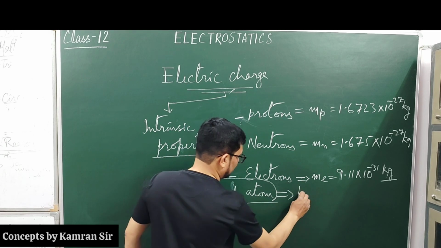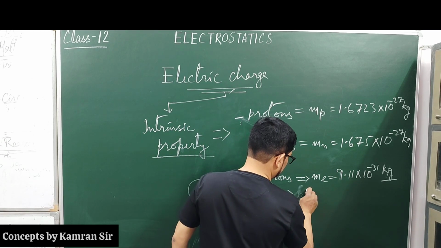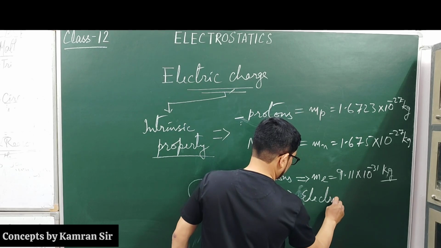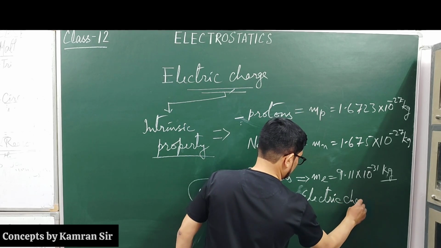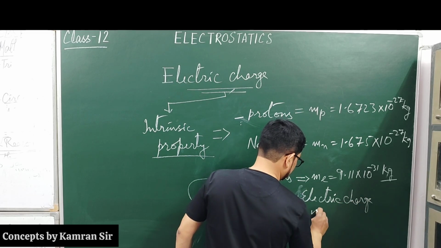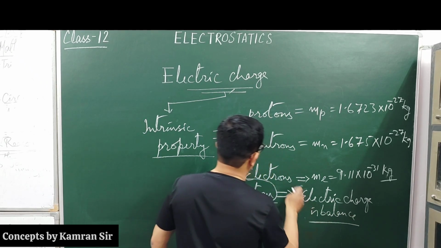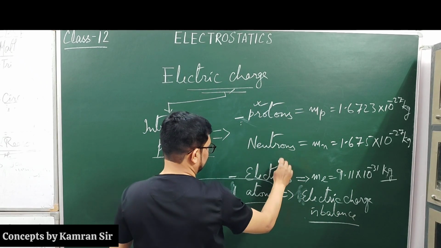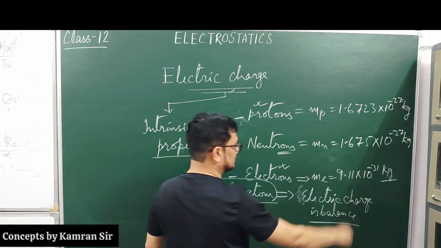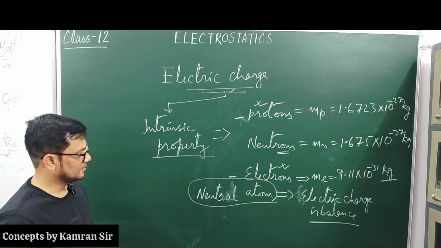Why? Because the electric charge is balanced. What do we mean by that? Now this property, electric charge, is there in the proton, is there in the electron, but the neutron has no charge, it is neutral.